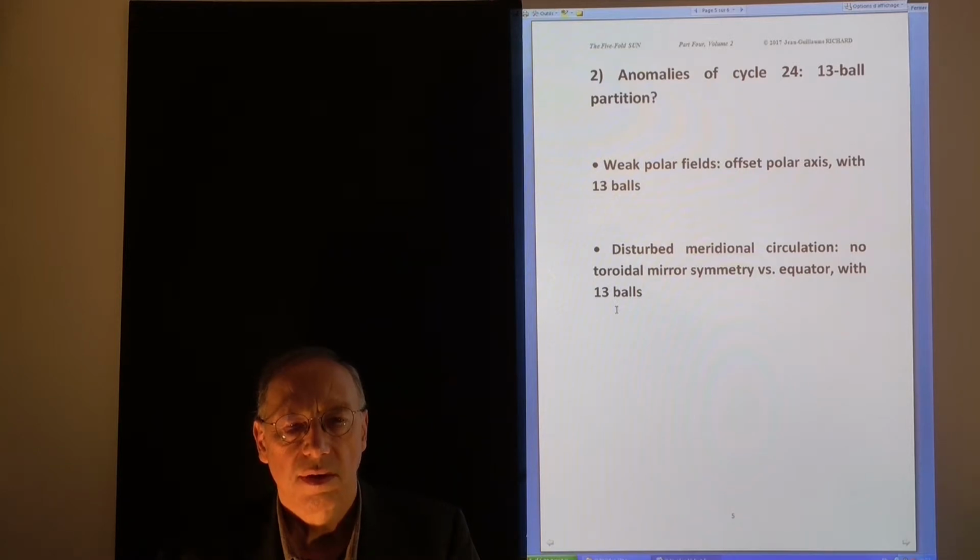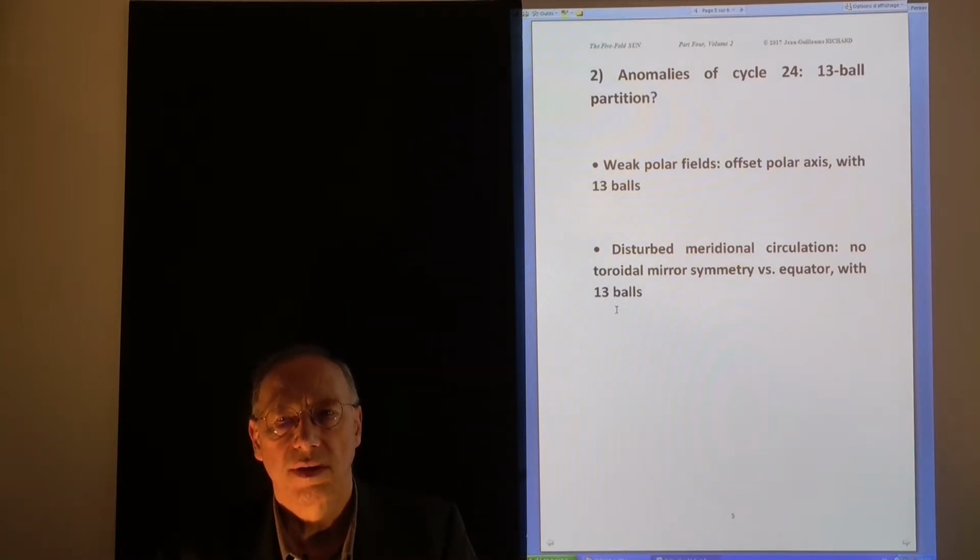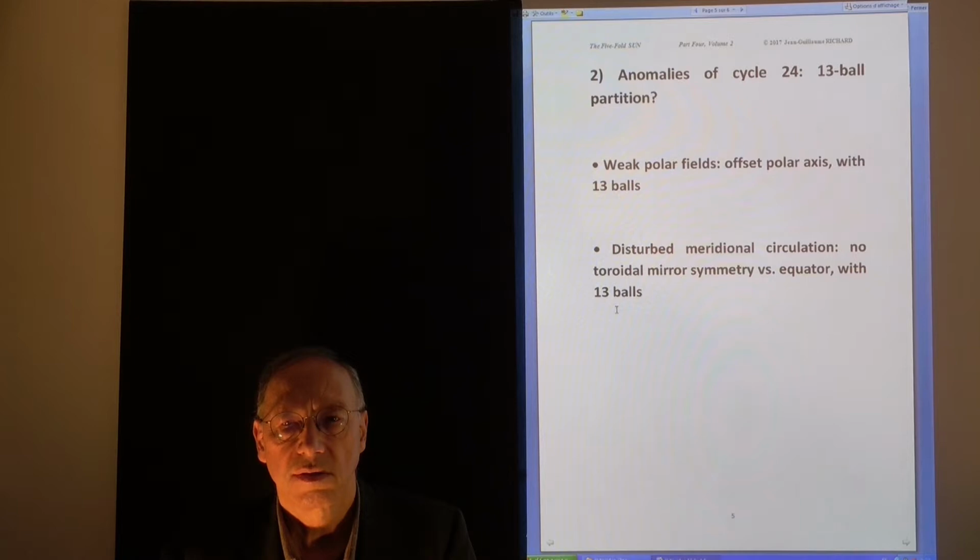There have been a number of remarkable anomalies in this cycle compared to the few preceding cycles, which were cycles of length of about the standard central value of 10.6 years. One of these anomalies was the very weak polar fields. Can we explain the weakness of the polar fields with the geometry of a ball partitioned in 13 instead of 12 outer balls?